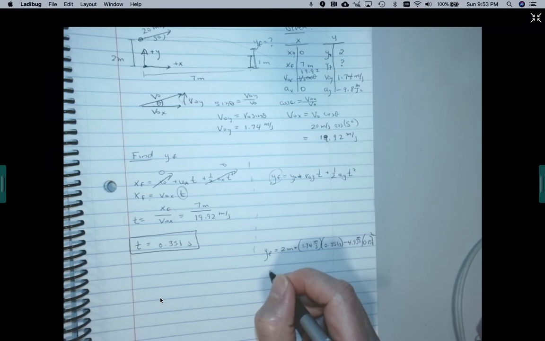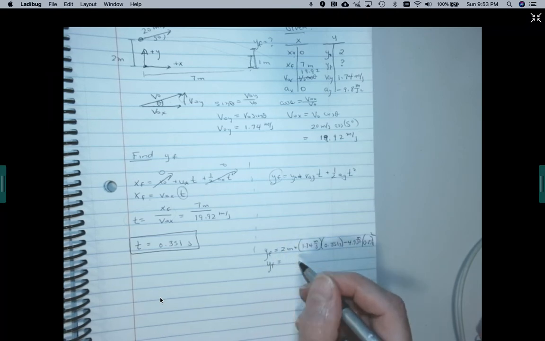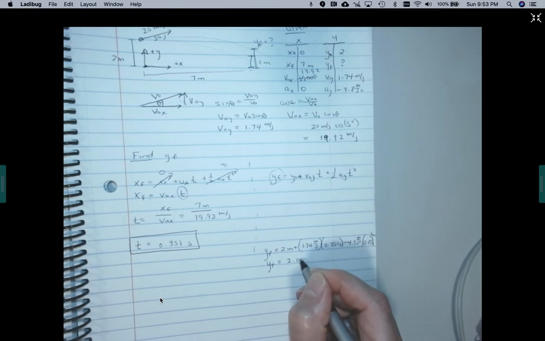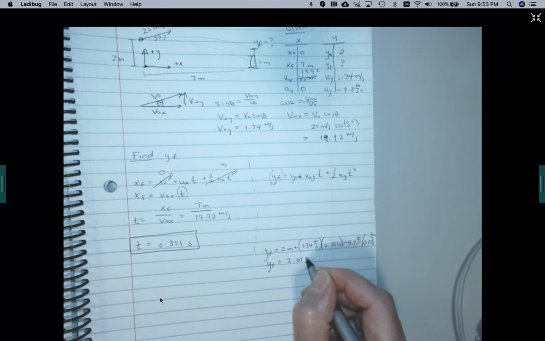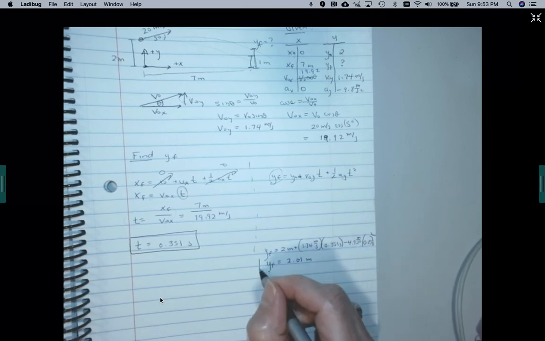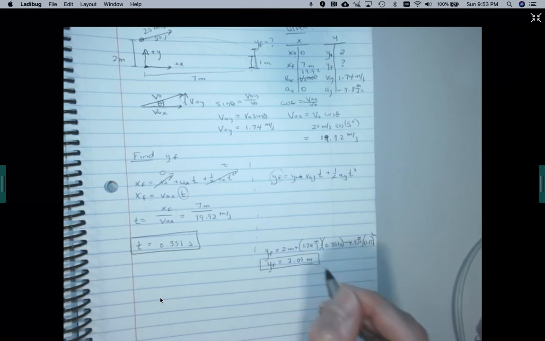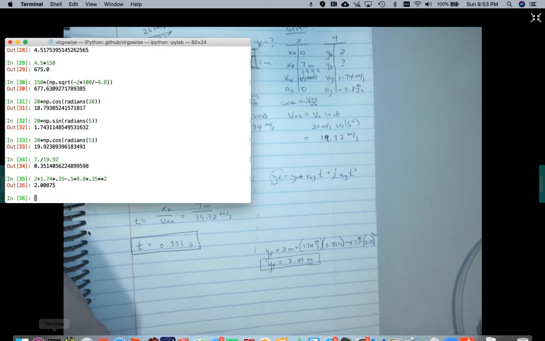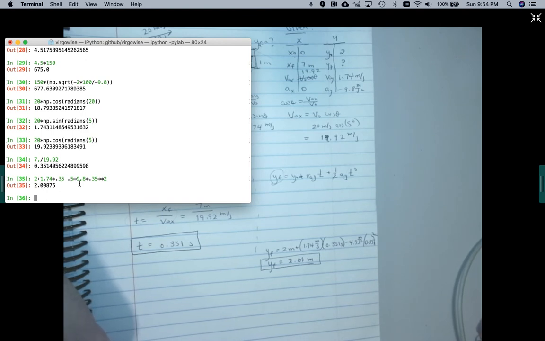If I put that into my Python or your calculator, I get that y final is 2.001 meters. Let me just check that again: 1.7 times 0.35 minus 1/2 a t squared, yep, 2.01.